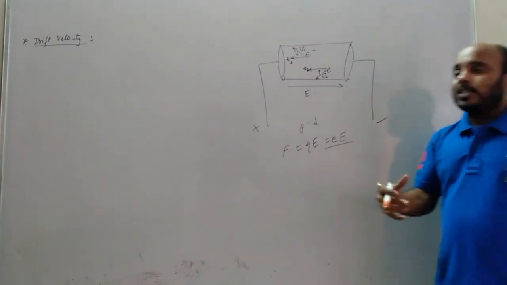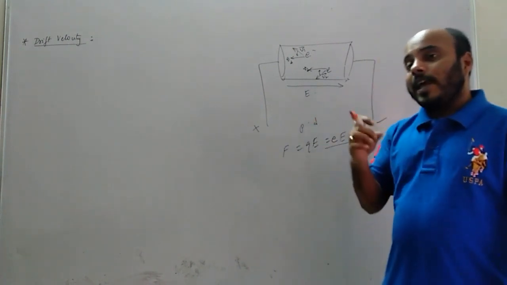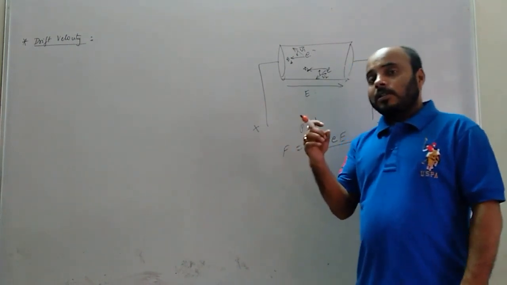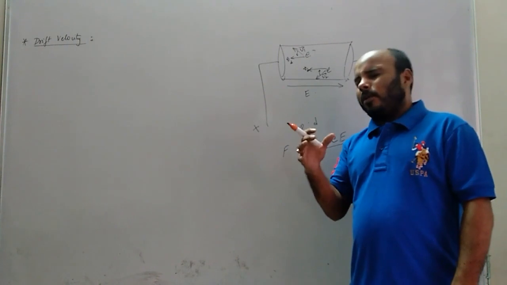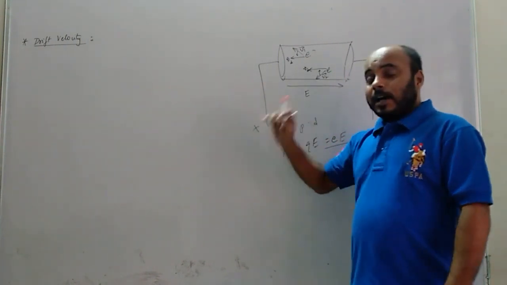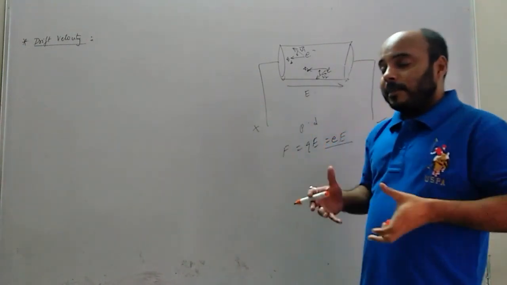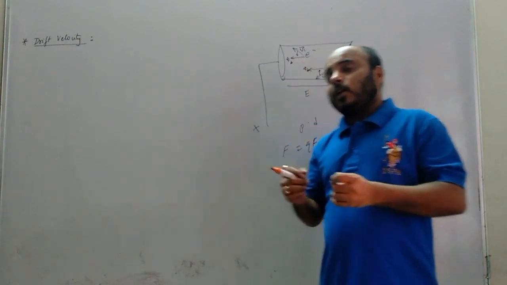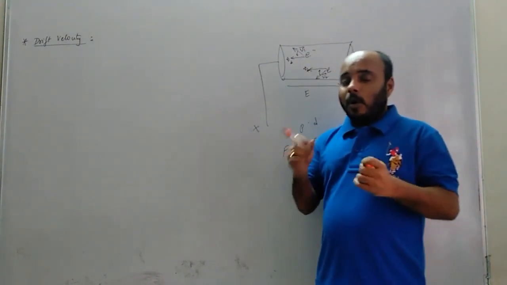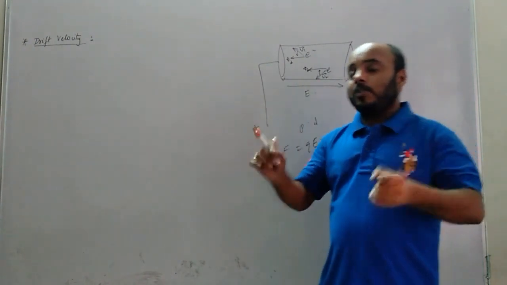So what is drift velocity? Drift velocity is the velocity acquired by the electrons, opposite to the direction of the electric field, on the application of the electric field. If you apply some electric field, the electrons will acquire some velocity opposite to the direction of the electric field. Those velocities are called drift velocities.